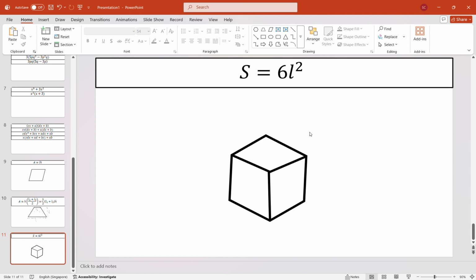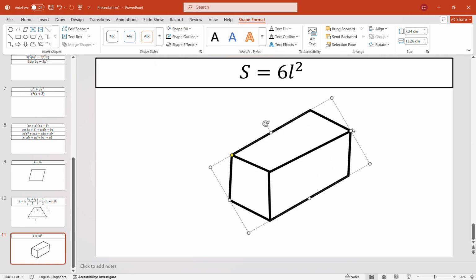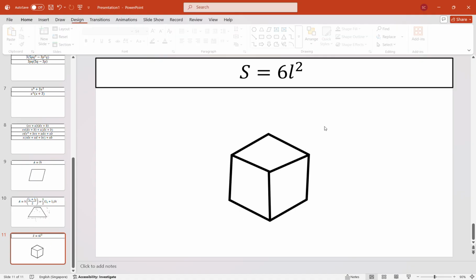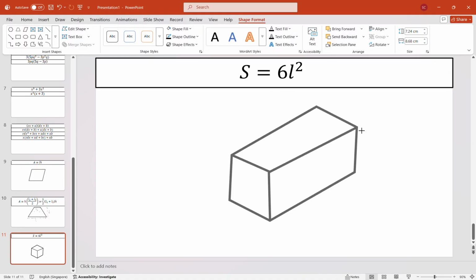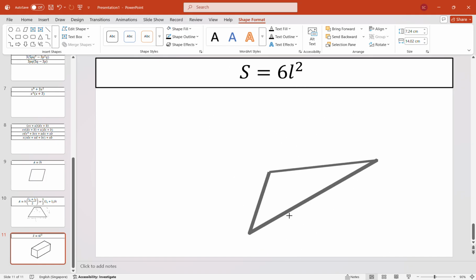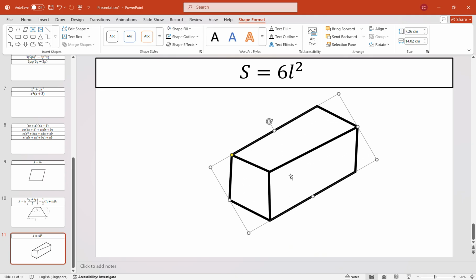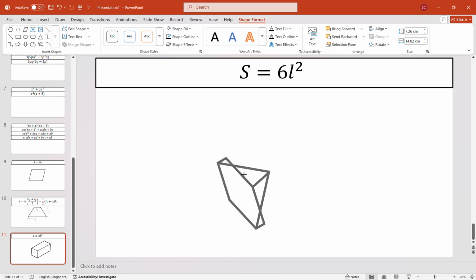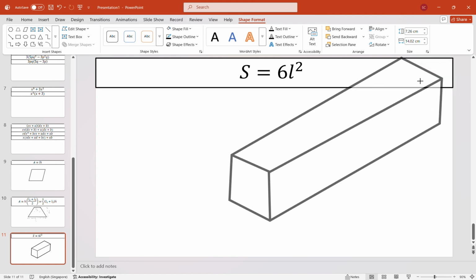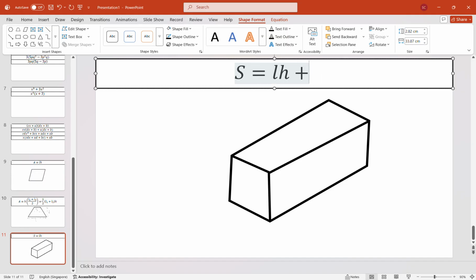So yeah, for a cube, and then for a cuboid, the surface area will be 2 times (LH plus LB plus BH).